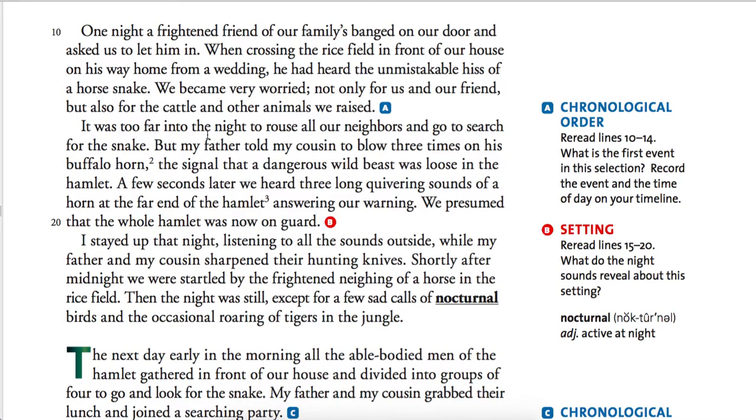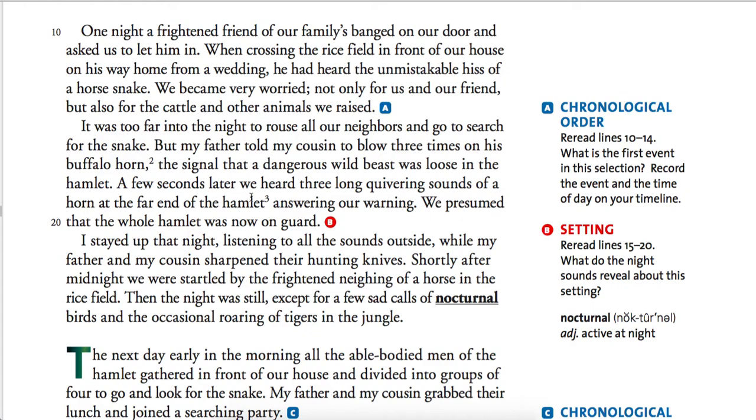It was too far into the night to rouse all the neighbors and go to search for the snake, but my father told my cousin to blow 3 times on his buffalo horn, the signal that a dangerous wild beast was loose in the hamlet.